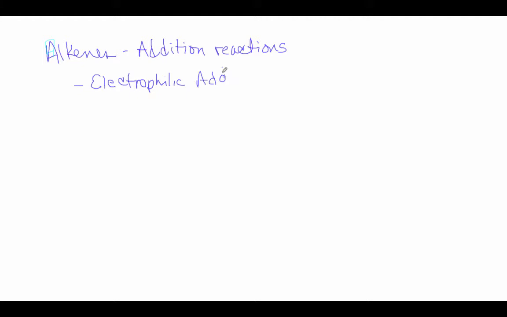Okay, then we're going to talk about alkenes. Okay, and these are really going to undergo addition reactions. In particular, these are going to be electrophilic additions. Meaning your electrophile, that electron seeking, electron deficient molecule, is going to be attracted to that electron density of that double bond.